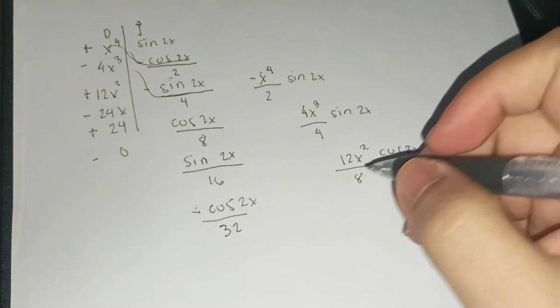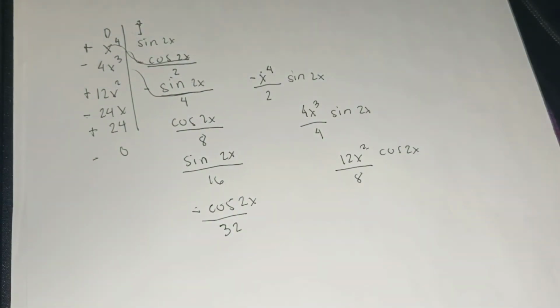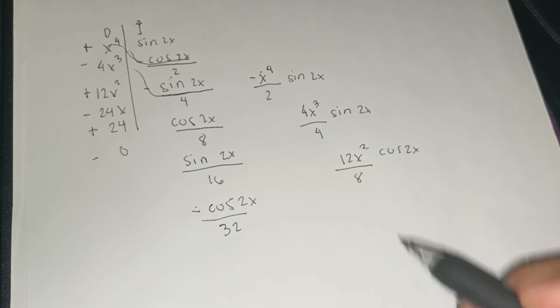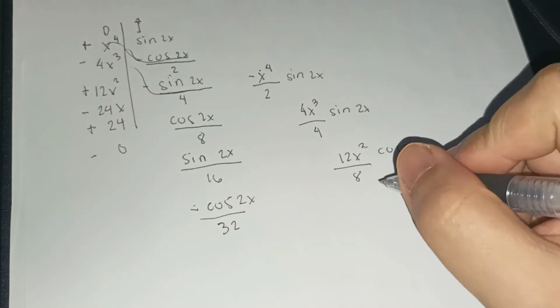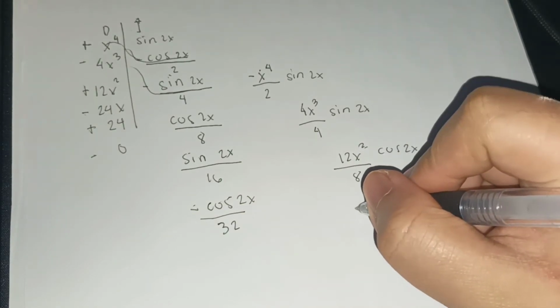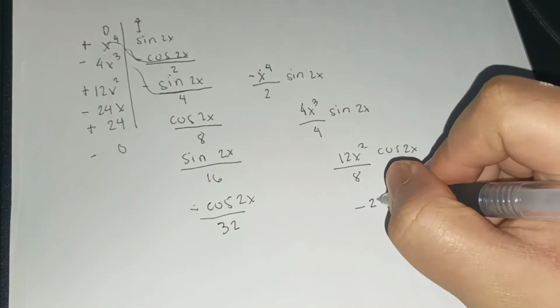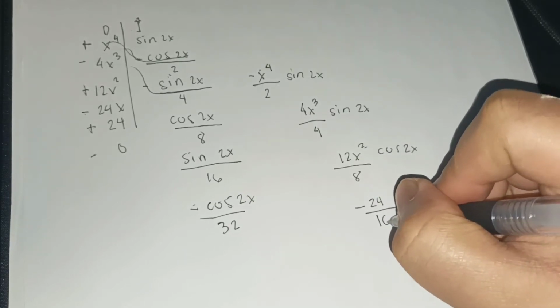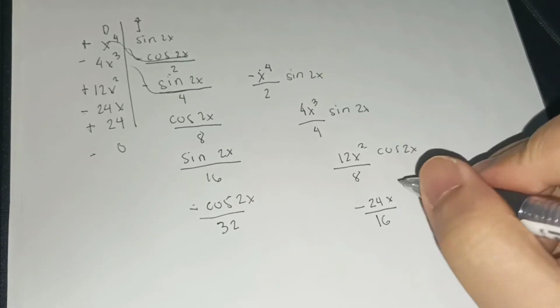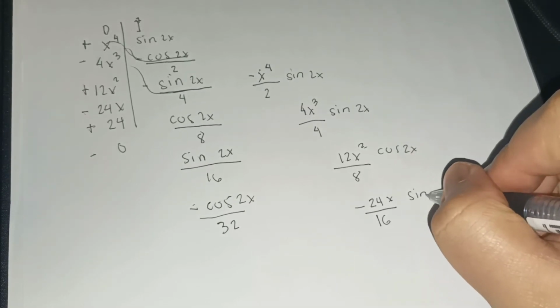Another one is negative 24. Negative 24 will be multiplied with sine 2x, so it's going to be negative 24 over 16. Don't forget to place x here. Sine 2x.